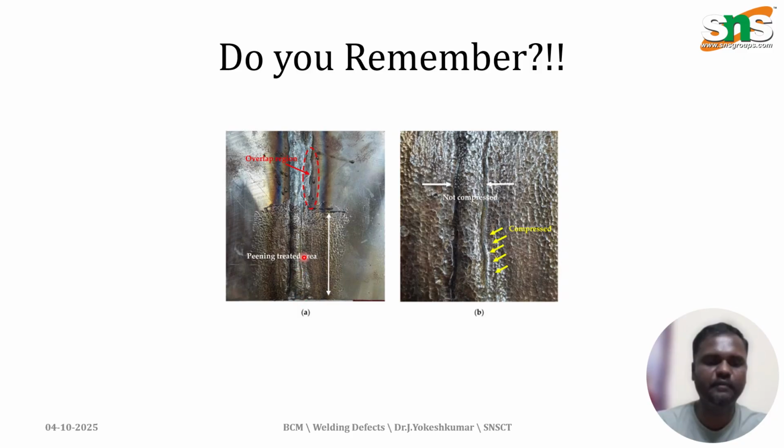When you perform the welding operation, this weld bead is supposed to be joined with the parent metal. If it is not fused properly with the parent metal, it becomes an overlap between the regions. This photograph also indicates that a few portions are joined and a few portions are not joined. So here the compression will take place and here the compression is not taking place.